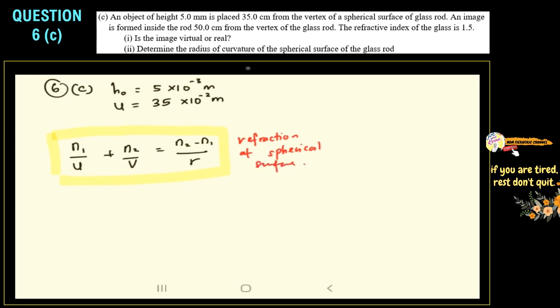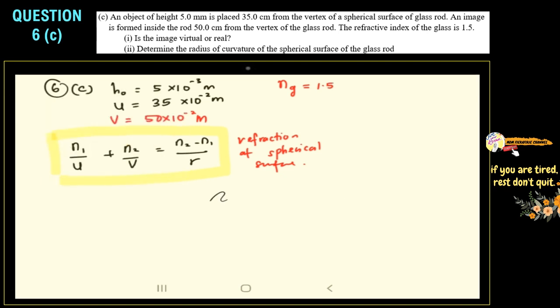Okay, so what other information is given? The question states that the image is formed inside the rod, 50 cm from the vertex of the glass rod. Okay, v is 50 cm. I convert everything to meters. And given that the refractive index of the glass is 1.5.